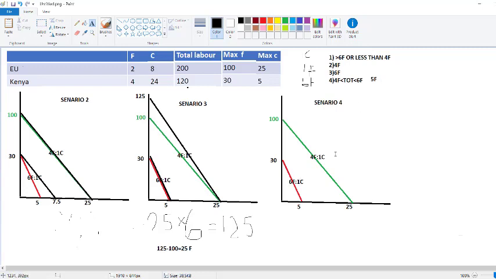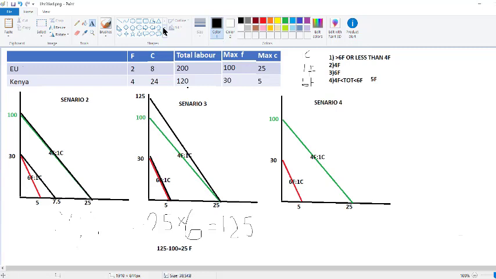So carbon has become cheaper, which means relatively speaking, food has become more expensive. That means production is going to shift for Kenya towards food because of the increase in profitability and price of food. Why? Because you can produce it at a cheaper rate and sell it for more in the world pricing.